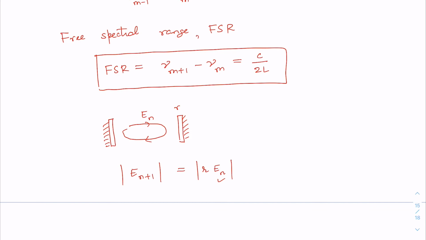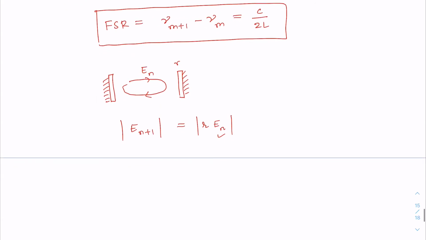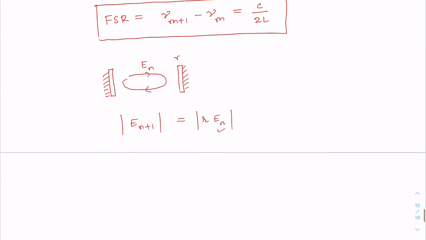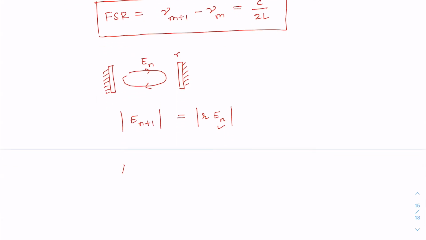On one round trip, the phase of the plane wave is going to change by, say, delta phi.